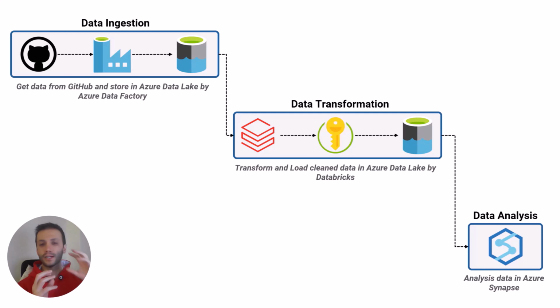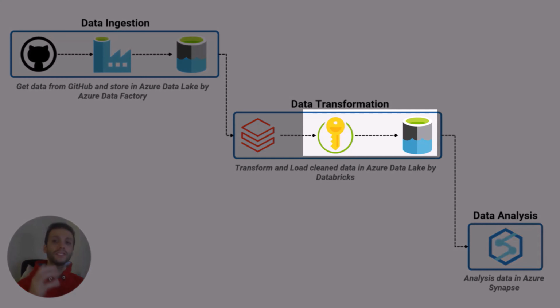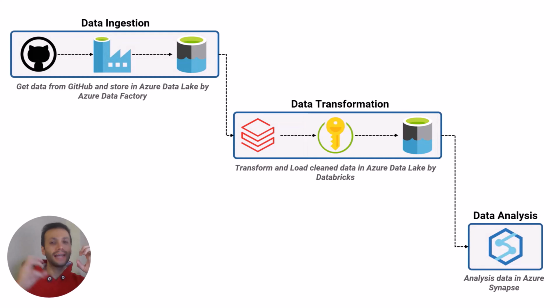PySpark is the combination of Python and a Spark cluster, and it is super fast. We use Databricks, and based on the key vault, we can make a connection between Databricks and the data lake. As I said, just because Databricks is outside of the Microsoft Azure services, we use key vault to make a connection between Azure and Databricks.